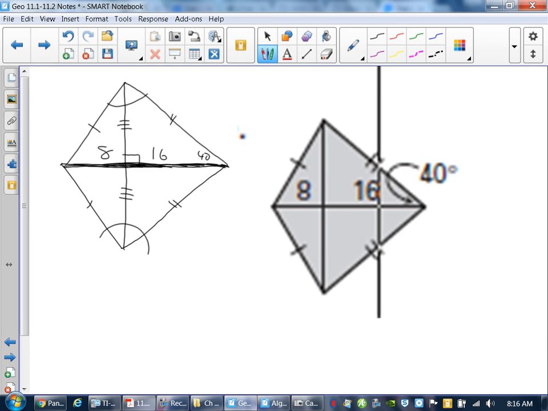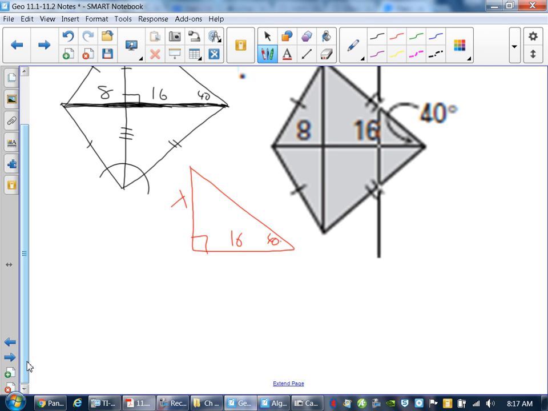Now, if you look at this, you have a right triangle here that you know this is 16. There's your 40 degrees, and you need to find x. When you are at your 40, what are you looking at?